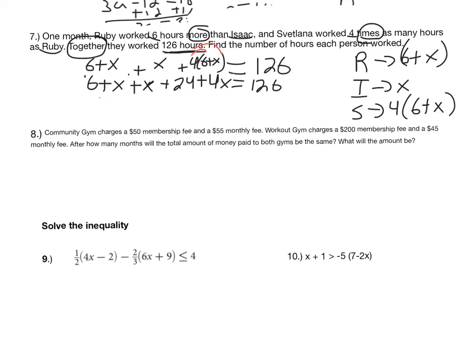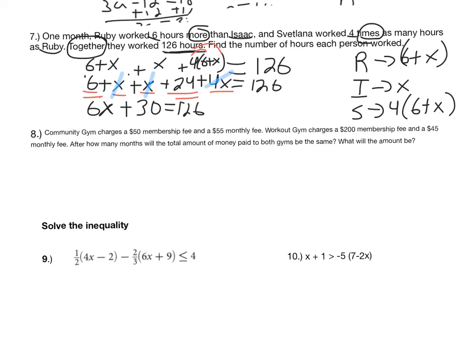Our next step is to combine like terms, and we do have a few like terms here. So X plus X is 2X, and then plus another 4X, right? That would be 6X. All right, and then 6 plus 24 is 30. 6X plus 30 equals 126.